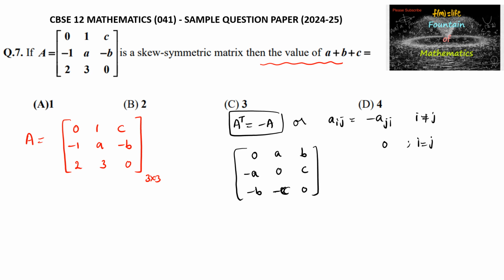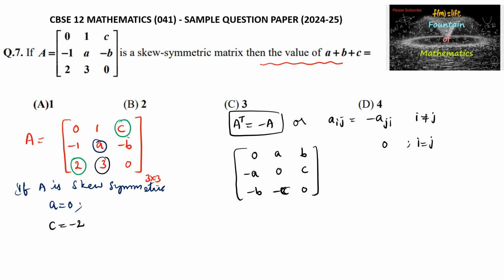So when you can see here, if A is a skew symmetric matrix, the small a must be equal to 0. And also we can check the C value should be equal to negative of this value, that is C is equal to negative 2. And for the B value, here negative B is there, and the corresponding entry is 3, so it should be negative 3.